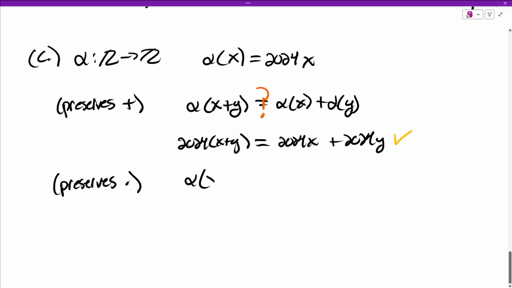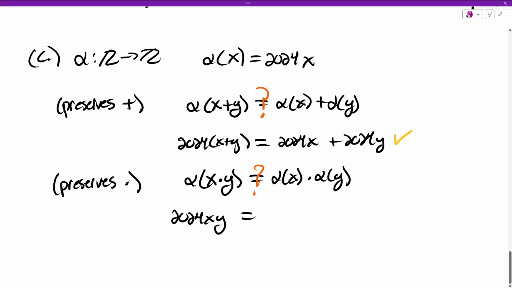All right, so is it true that alpha of x times y is alpha of x times alpha of y? Well, alpha is the multiply by 2024 function. So if we plug in xy into it, it multiplies it by 2024. If we plug in x into it, it multiplies it by 2024. And if we plug in y into it, it multiplies it by 2024. So again, we're not sure yet.